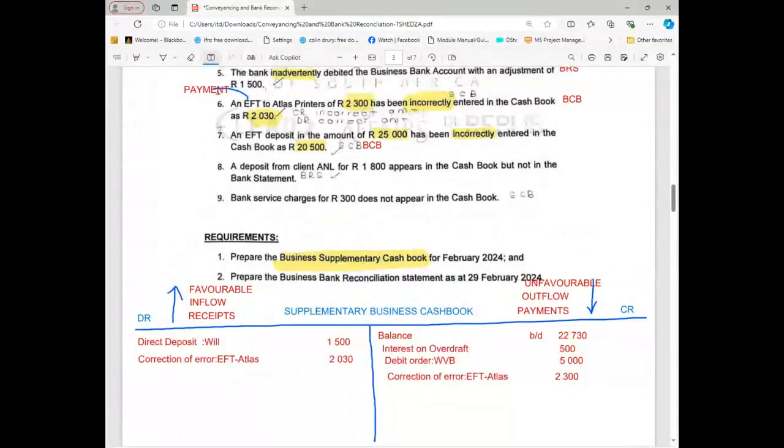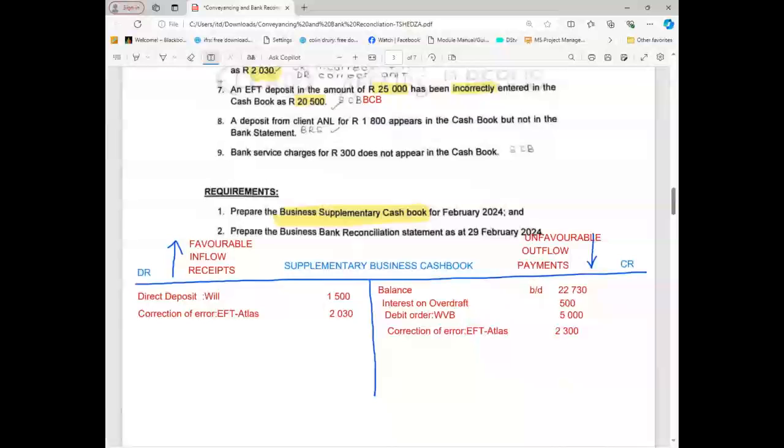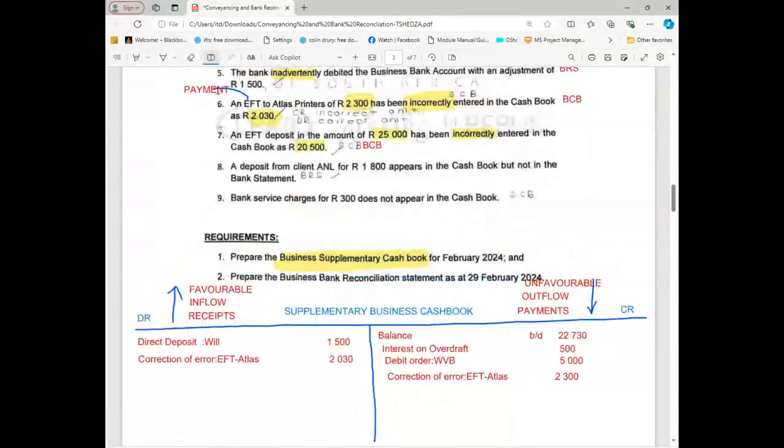Which one is the error here? An amount has been incorrectly entered, so it's the 20,500 that's incorrect. Which side must I put it on? Remember, the debit side is where they recorded it, because a deposit is cash.